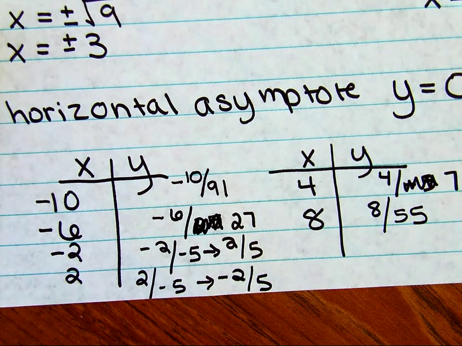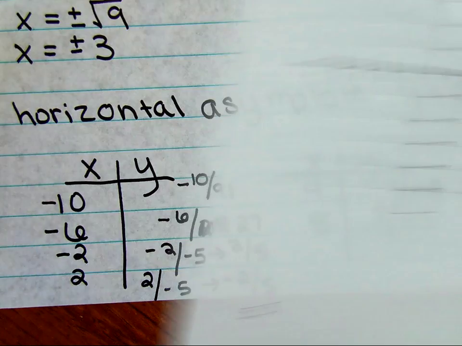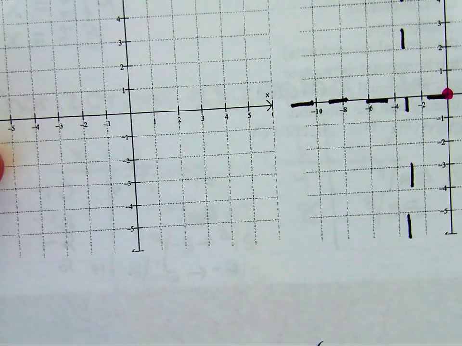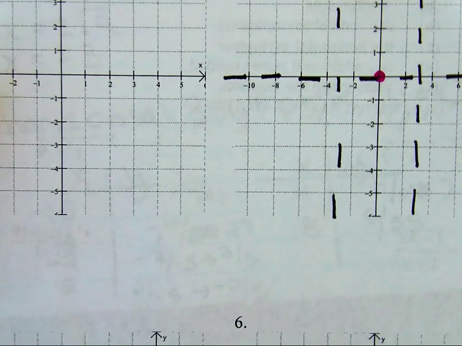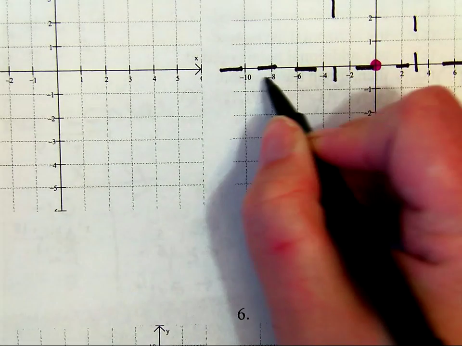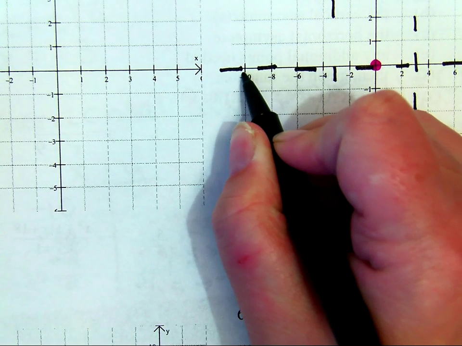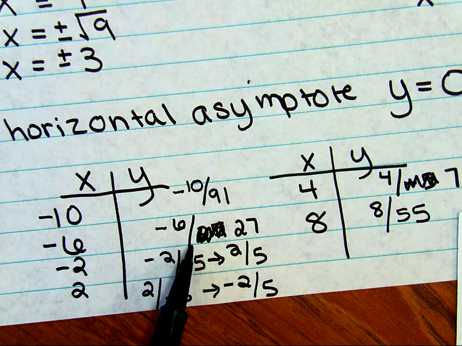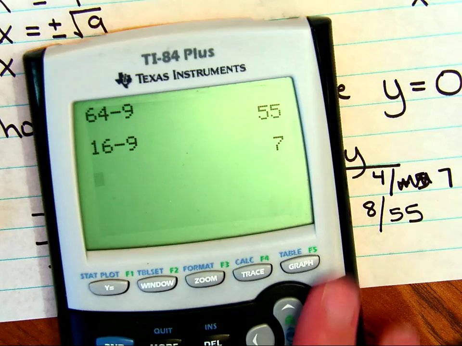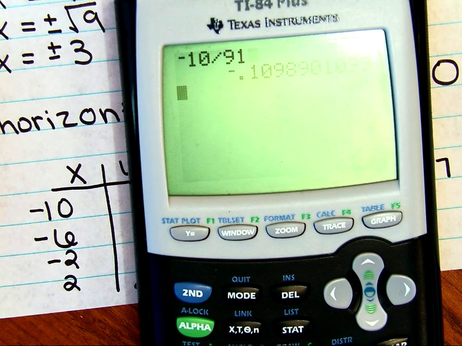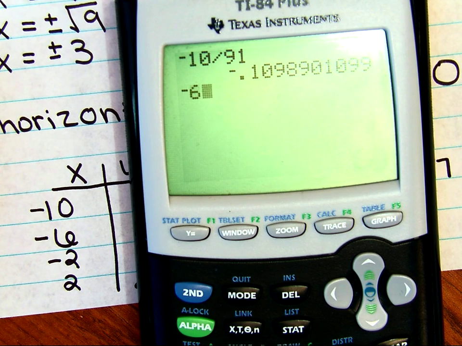Let's go back over to our graph. The first point we need to plot is -10 over 91. What's important is that you recognize that that's less than 1, so it's got to be about right there. Then my next one was -6 over 27. Let's compare those fractions.